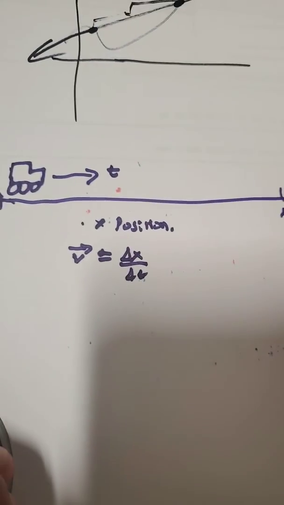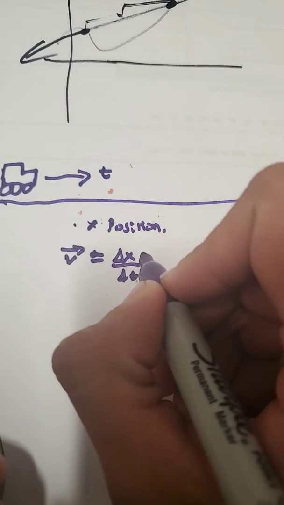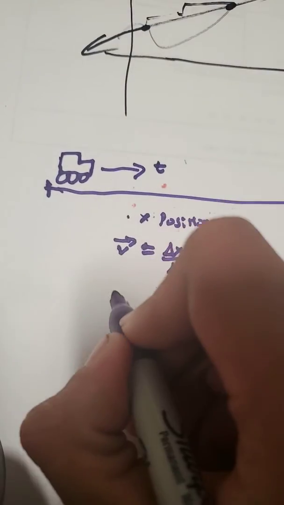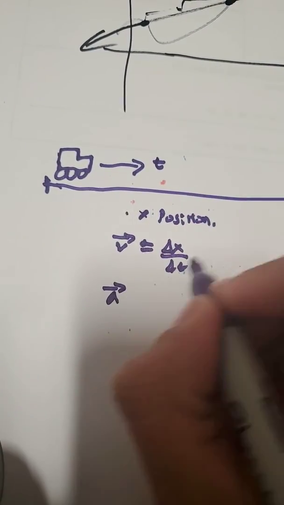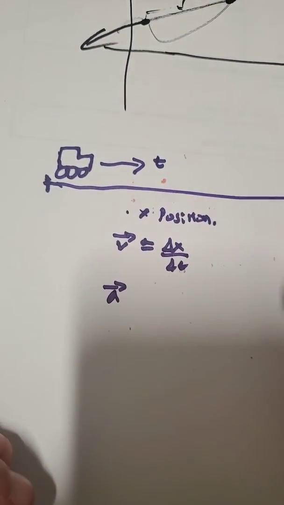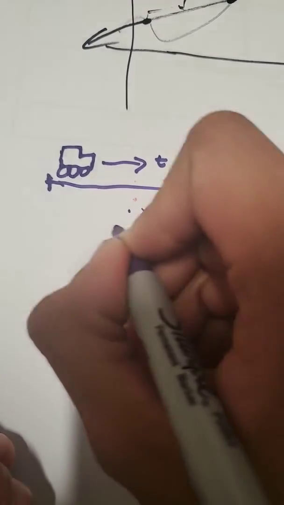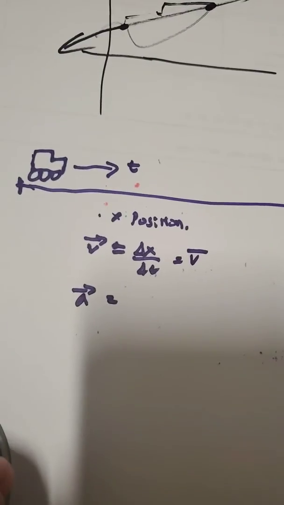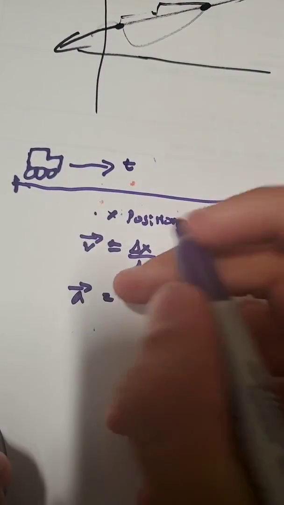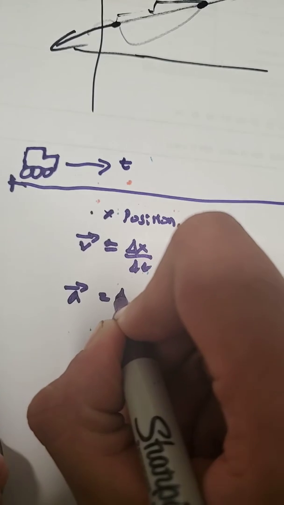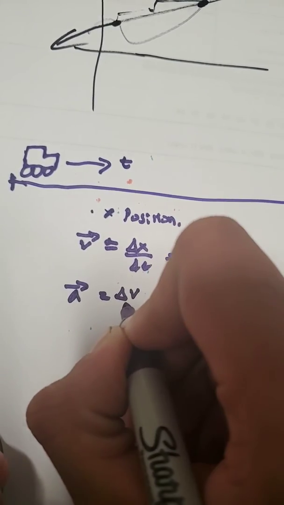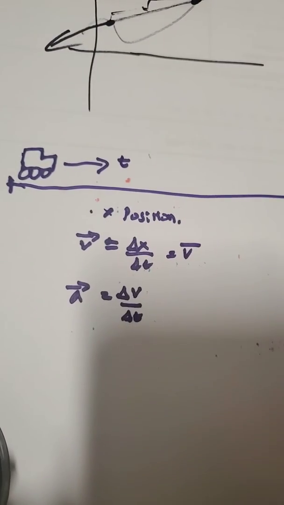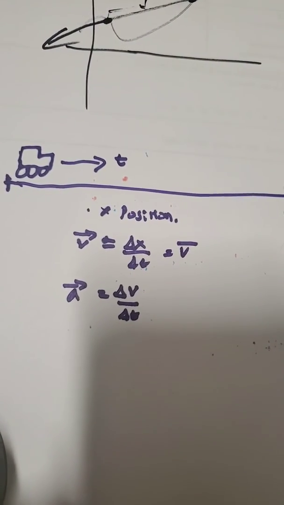So pretty much this is the average rate of change of position with respect to time. And acceleration, the rate the speed is changing, is the change in velocity over a change in time. We call this v bar. We'll talk about that when we cover physics. So instantaneous rates of change are everywhere in sciences.